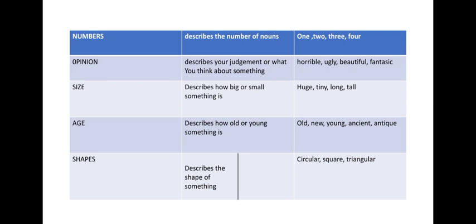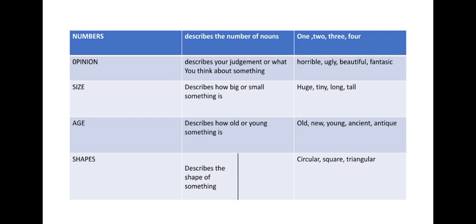It describes the number of nouns, for example 1, 2, 3, 4. Next, we have opinion. So what is opinion? It describes your judgment or what you think about something. For example, huge, tiny, long, tall.